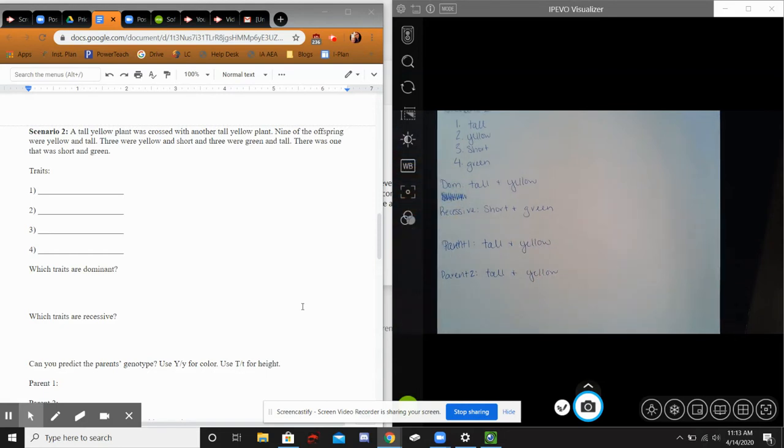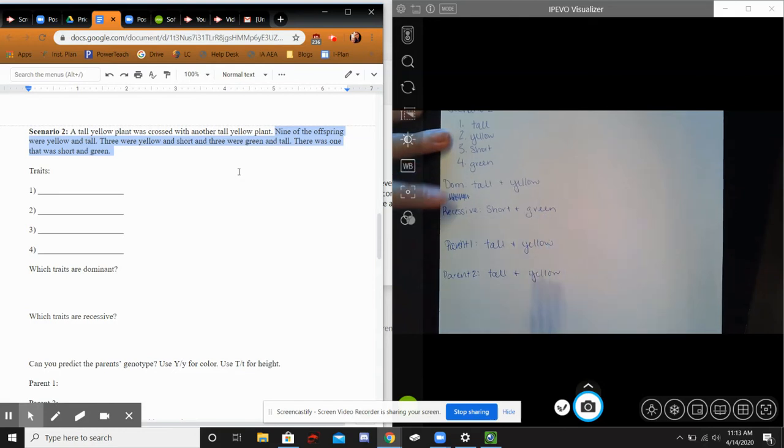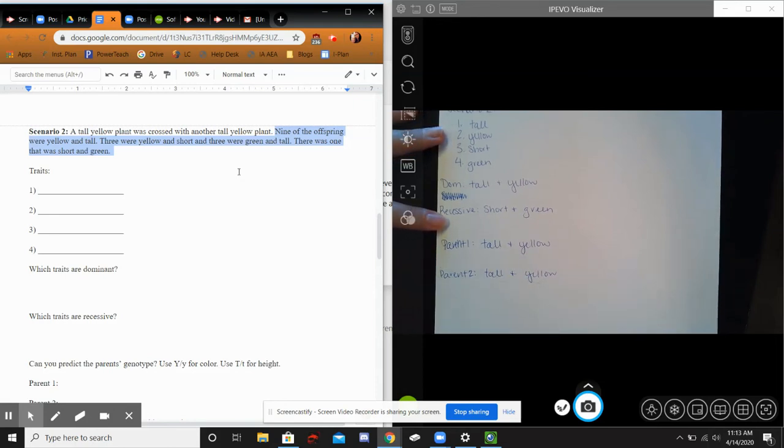But what gets interesting is this description of the offspring. We have this huge description talking about how the offspring were yellow and tall, yellow and short, green and tall, and short and green. So we know we have to be able to get a variety of different offspring from these parents. If parent 1 is tall and yellow and parent 2 is tall and yellow, and they were both homozygous dominant, then all of the offspring would be tall and yellow.